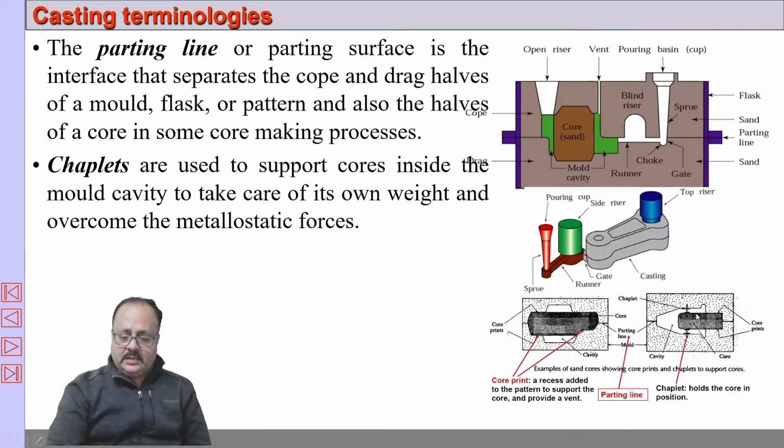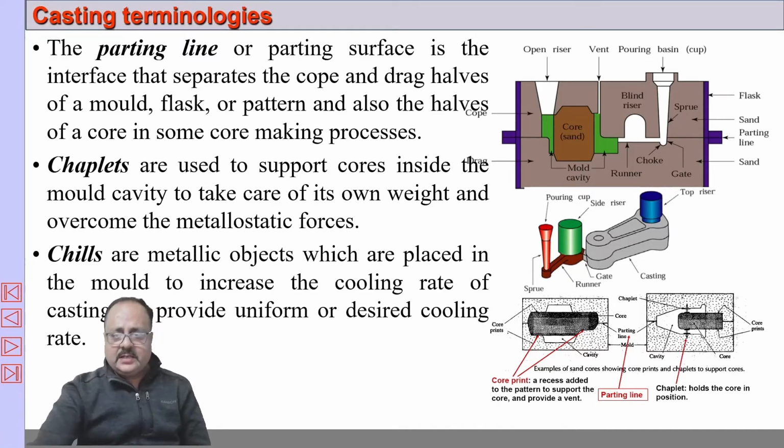Sometimes you want directional solidification. That means you want a certain portion of the casting to cool fast. Now, the cooling in a casting is very important, because if it does not cool uniformly, the shape may get distorted. These are called thermal defects. Now, certain areas, particularly thick areas, need to be controlled. The cooling needs to be controlled, or the cooling needs to be increased.